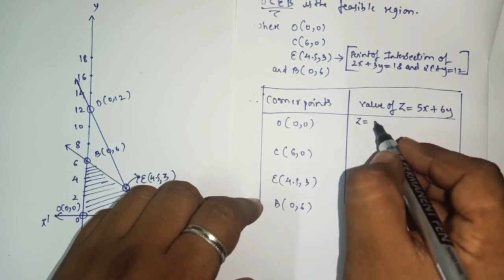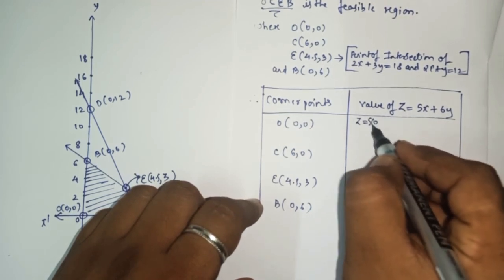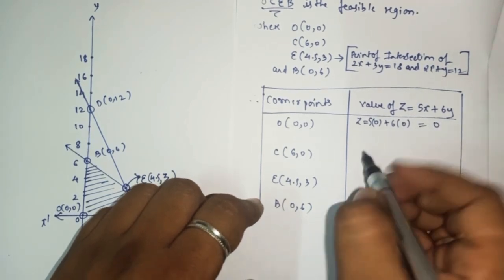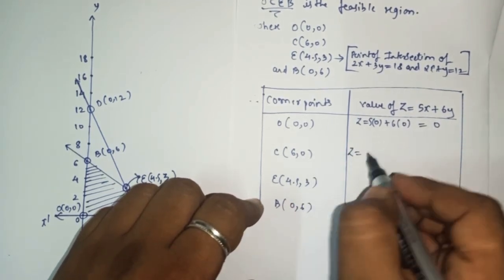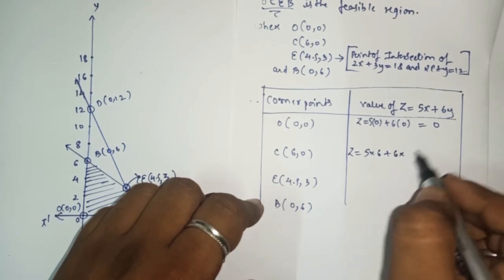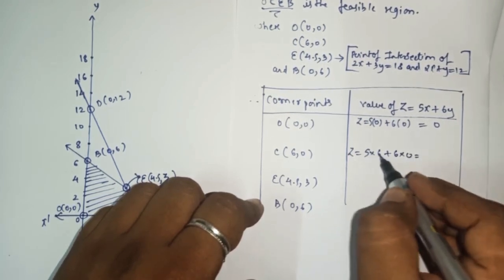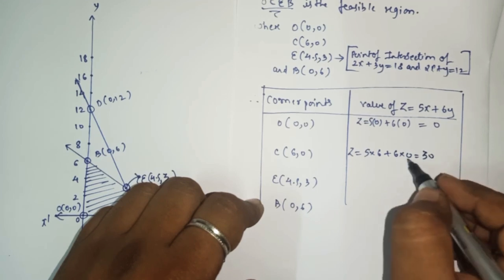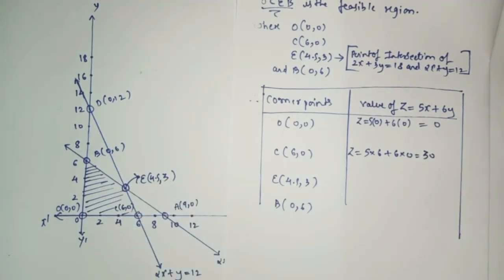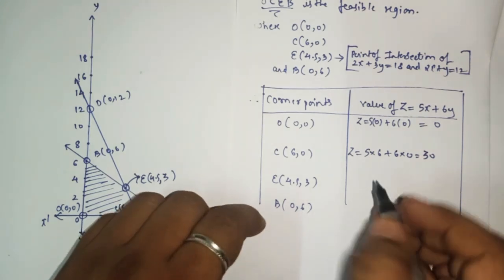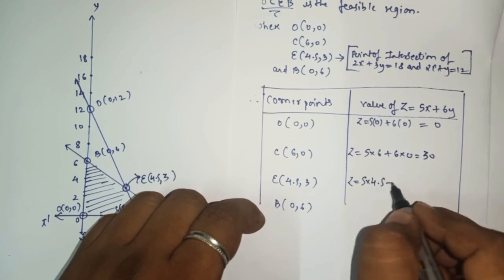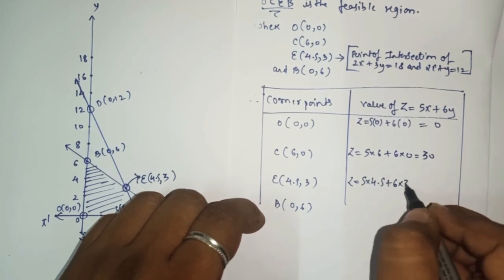Simply, you will replace the values of x and y. For 0 and 0, this is 5 into 0 plus 6 into 0, so the answer is 0 only. For C, 5 into 6 plus 6 into 0: 5 sixes are 30, plus 0 is 30 only. Yes or no? The next one, z equals 5 into 4.5 plus 6 into 3.